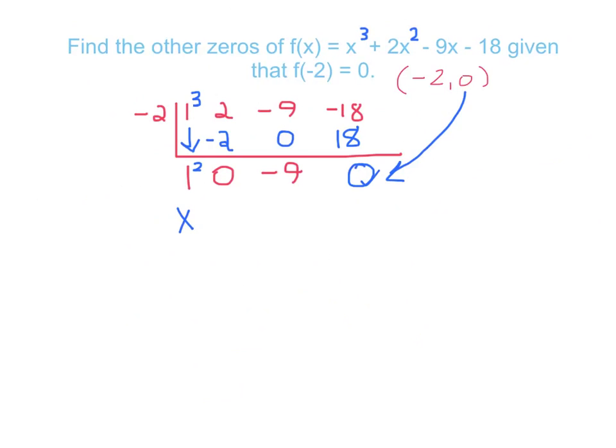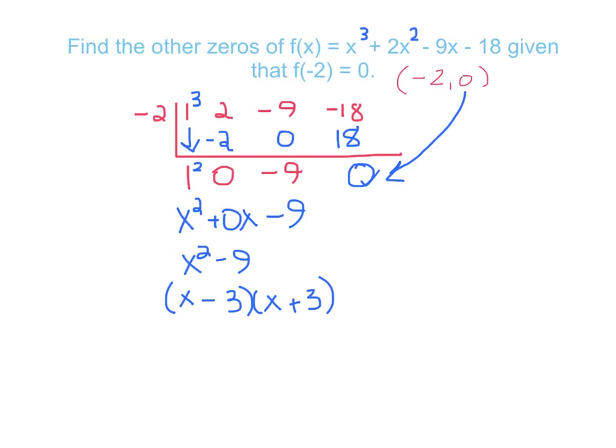So I have 1x squared plus 0x minus 9. So I have x squared minus 9, which is the difference of squares. Okay. Now I'm looking for zeros, so I get x equals 3 here, and x equals negative 3 here. So my zeros are negative 2, 0, 3, 0, and negative 3, 0.